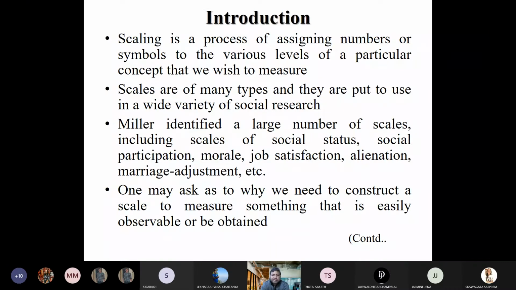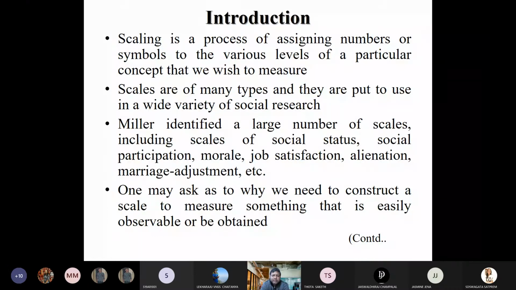One may ask why we need to construct a scale to measure something that is easily observable or obtained. Sometimes people ask us, there are things that can be easily measured using different techniques, and can easily be observed by interacting with people.